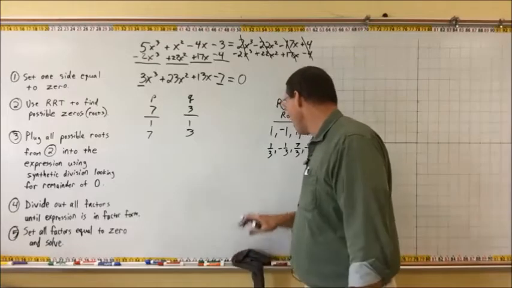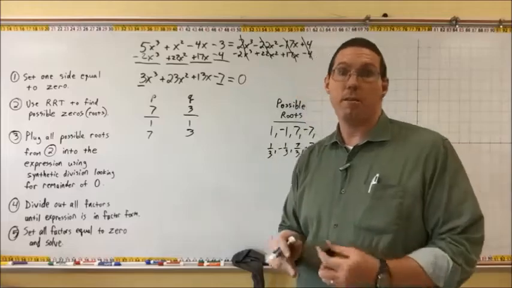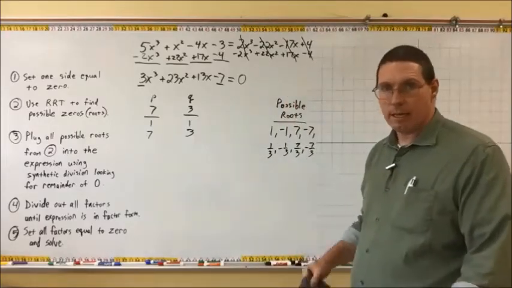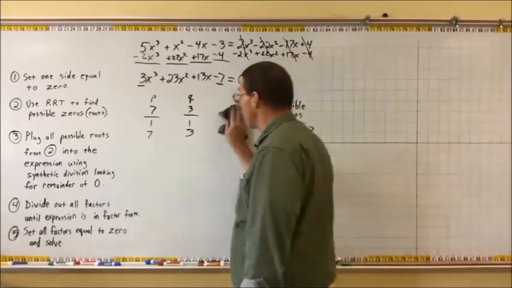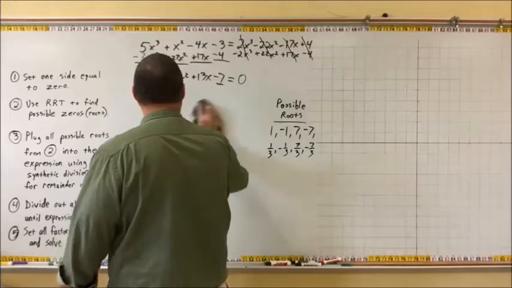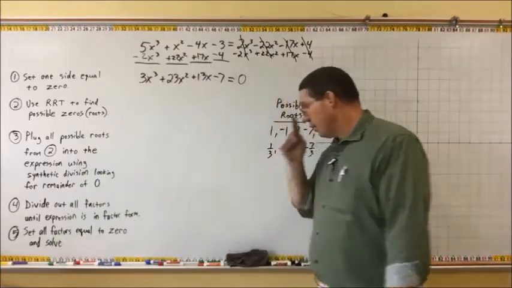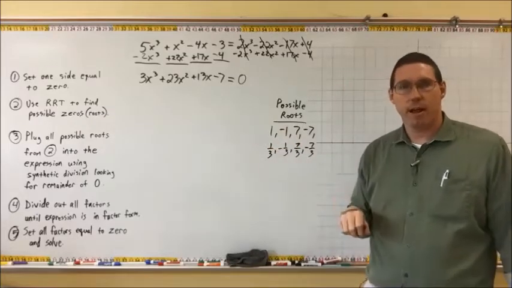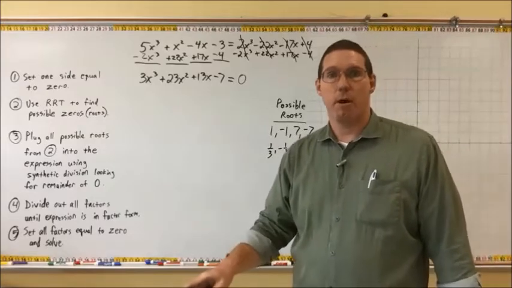So this time we only have 8 possible rational roots. This should make it pretty easy. So at most, we're going to do 7 synthetic divisions. Now I want to warn you about something. You can actually find all of your possible rational roots and then do all of the synthetic divisions that are necessary and find that none of them have a remainder of 0.